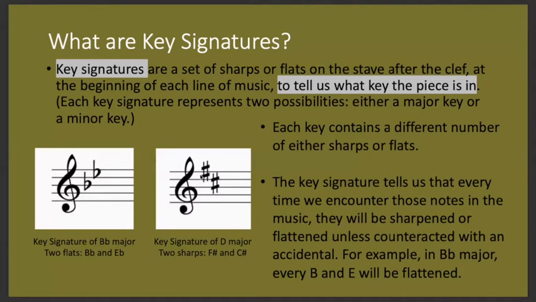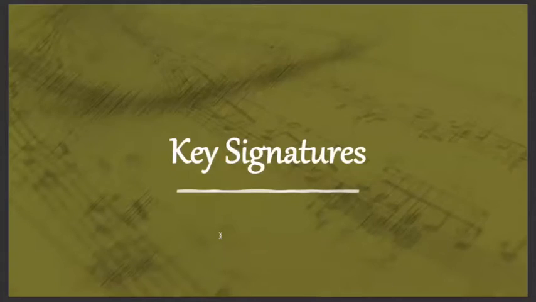Here we have 2 sharps, and that is the key signature of D major, F sharp and C sharp. Any Fs and any Cs will both be sharpened unless otherwise stated. Now I'm just going to quickly go back in this presentation to show you the D major scale and how that relates to the key signature.